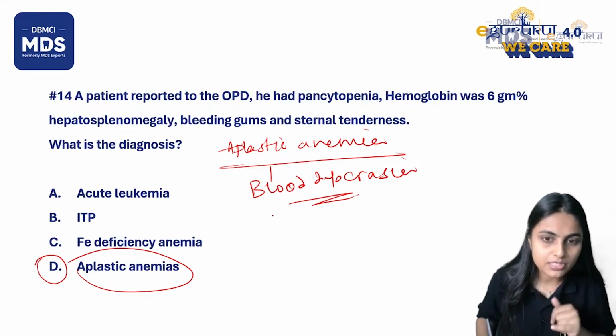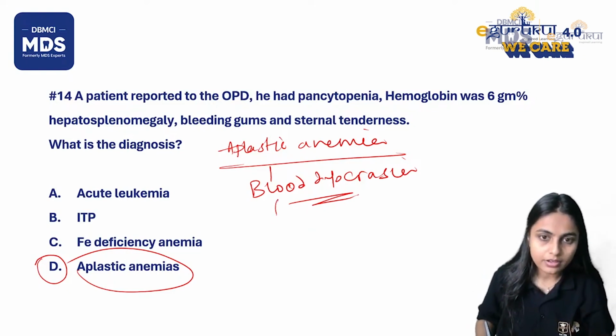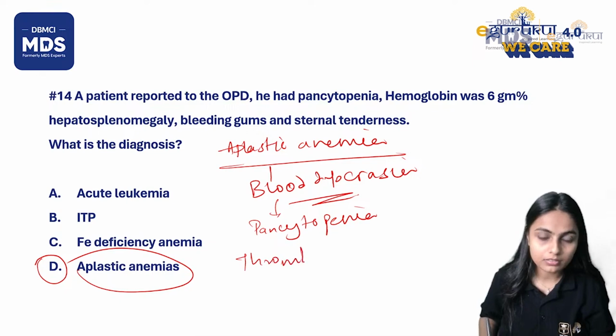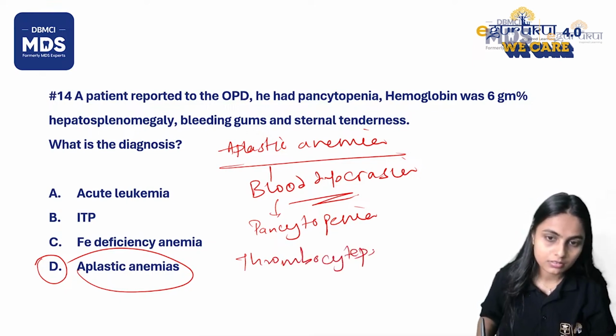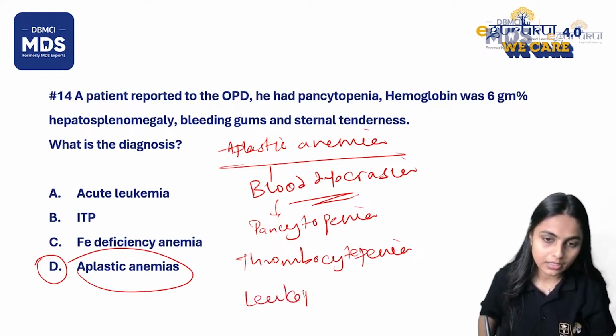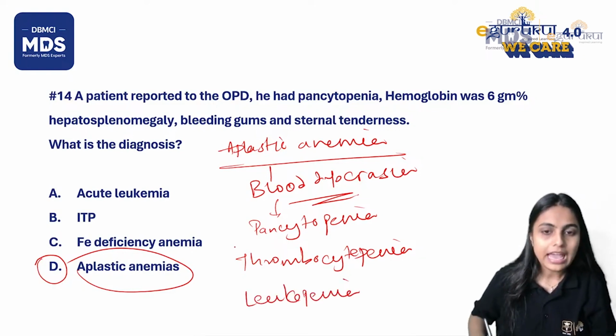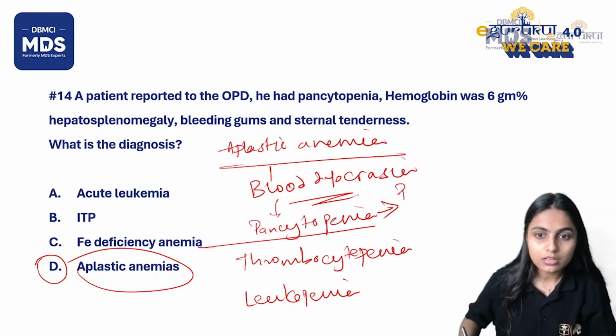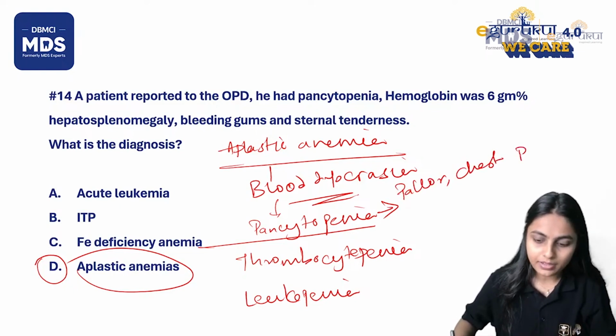So there will be pancytopenia, thrombocytopenia, and leukopenia. The clinical manifestations are related to this. Pancytopenia will cause pallor, chest pain, dyspnea, and fatigue.